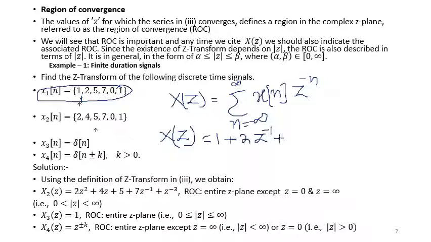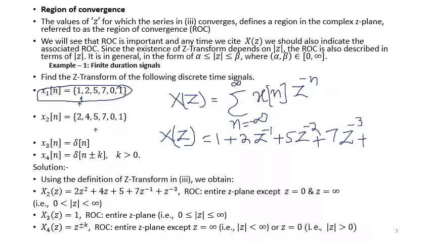plus, at n equals 2 we have value 5, so I just write 5 into z power minus 2, plus at n equals 3 we have value of 7, so I write 7 and z power minus 3, plus 0, right, and so I think no need to write 0, we just straight away continue with it.